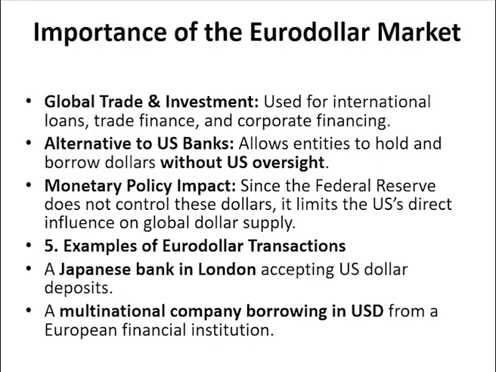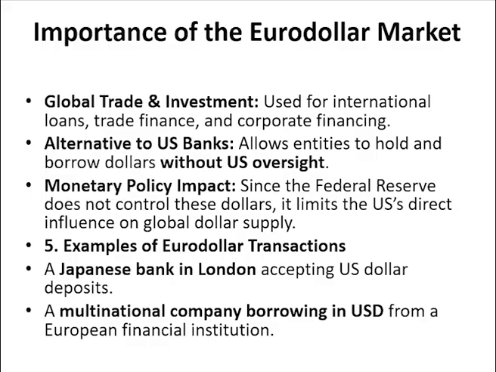It allows entities to hold and borrow dollars without US oversight. On monetary policy, since the Federal Reserve does not control these dollars, it limits direct US influence on the global dollar supply. For example, a Japanese bank in London accepting US dollar deposits. It is not the London bank accepting; in the UK, it is the Japanese bank which is accepting dollar deposits.